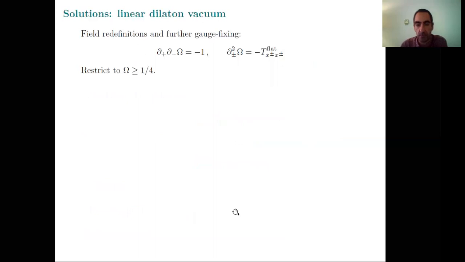It's just a simpler way to write the equation of motion. And you can just integrate this up to get the general solution for arbitrary T flat. The restriction I was talking about before, of keeping phi greater than or equal to phi critical, here in the convention where that's equal to 1/4, means omega has to be greater than or equal to 1/4. And omega equals 1/4 will signify singularities in the space-time.